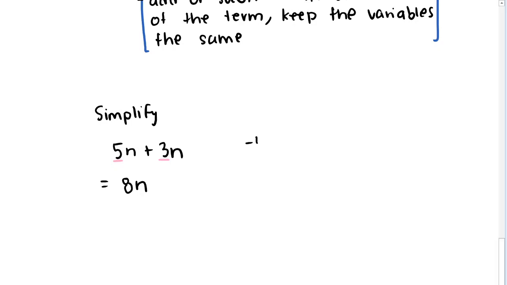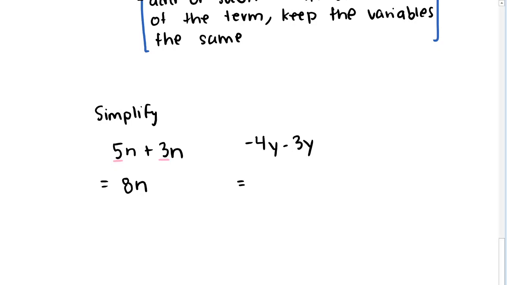If I have negative 4y minus 3y, I have these two like terms and I'm trying to add or subtract them, in this case subtract. Here I can subtract their coefficients to figure out an equivalent but simpler expression.